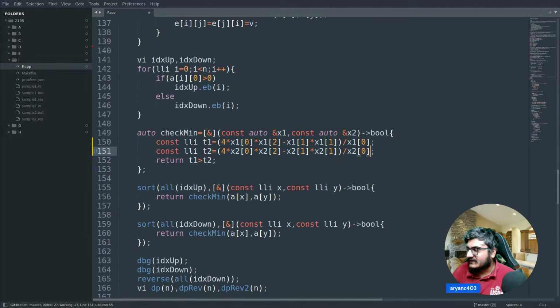Rather than dealing with floating point, I just multiplied both of these by x1 and x2. This is what you can do.